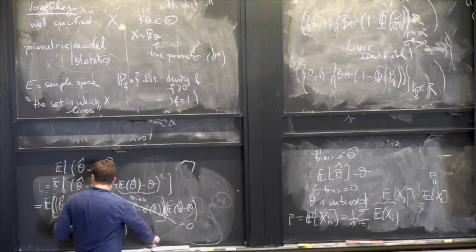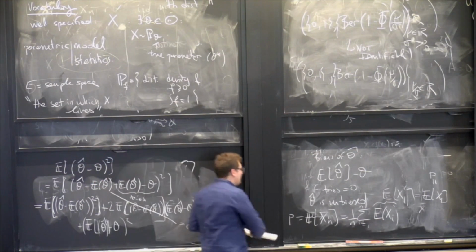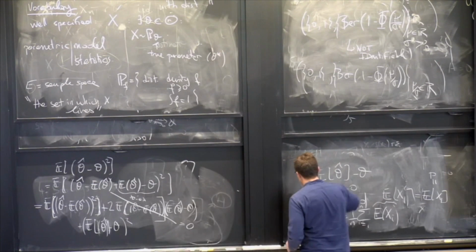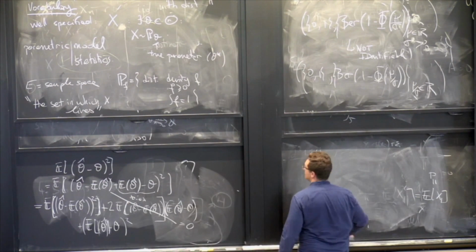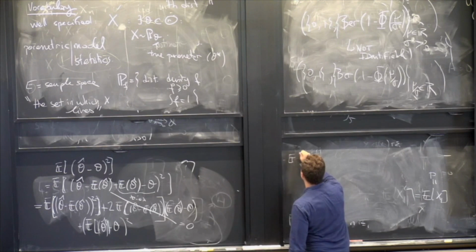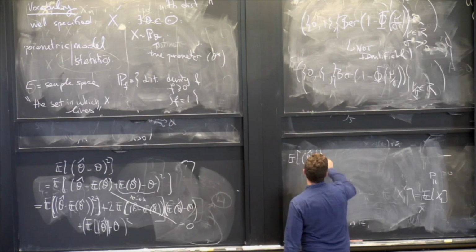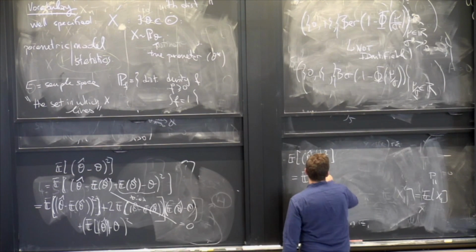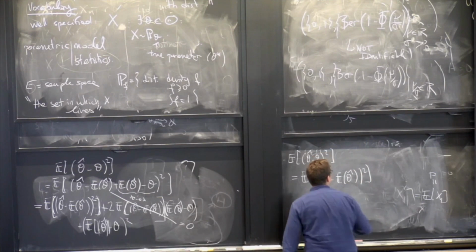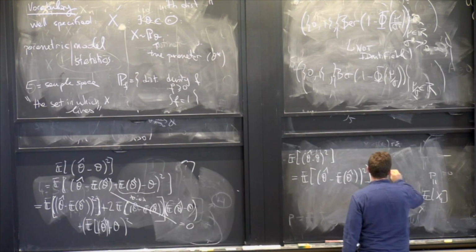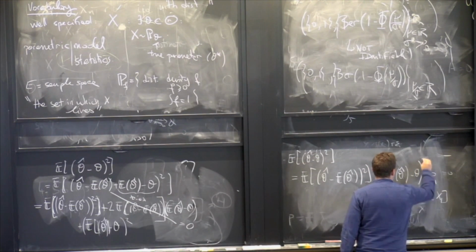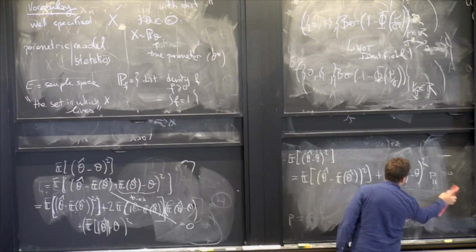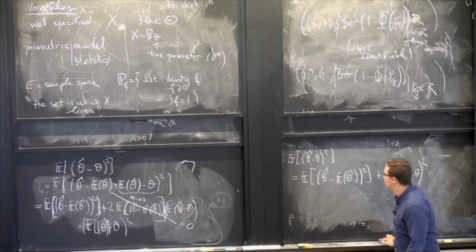So now when I collect back my two squared terms in this expansion, what I get is that the expectation of theta hat minus theta squared is equal to the expectation of theta hat minus expectation of theta hat squared plus the square of expectation of theta hat minus theta. Right?